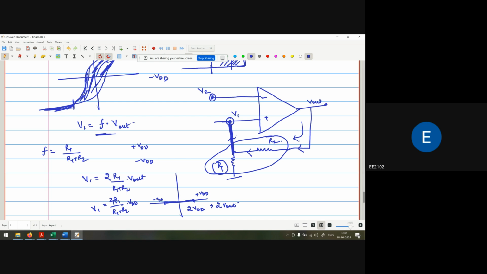So we convert the complete circuit in the form of resistance to get the depth, basically the width of the hysteresis.